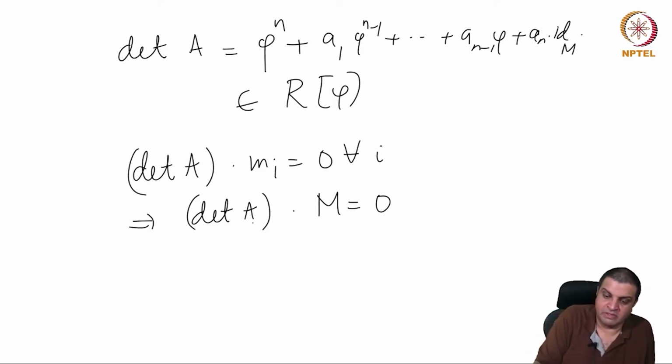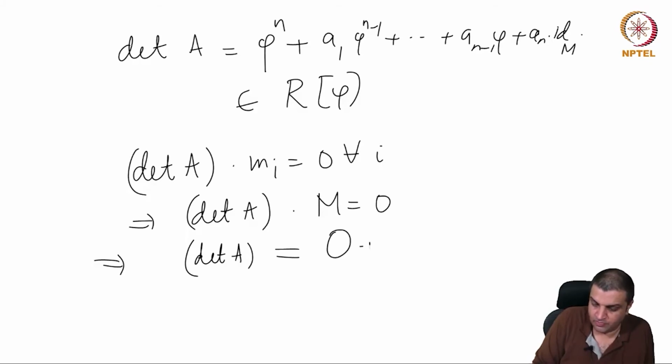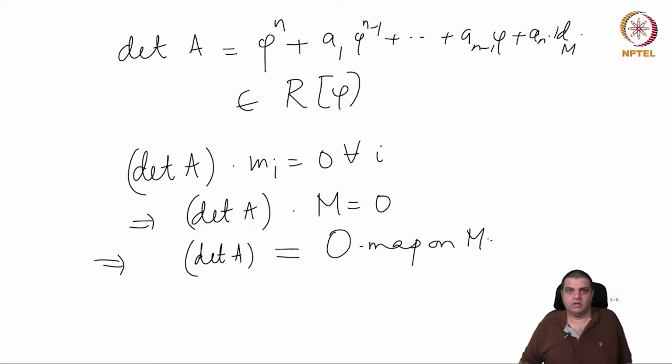Remember, this is thought of as powers of phi, which are endomorphisms, and R-linear combinations of them, so that is an endomorphism. So this implies that the determinant of A is the 0 map. A function that is 0 everywhere is the 0 map.